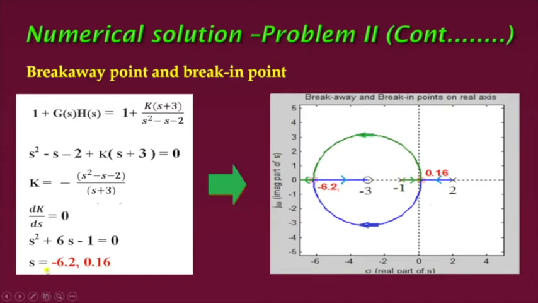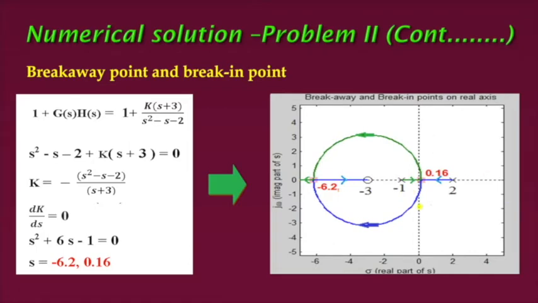Similarly, the other point, -6.2, on this side is also on the root locus branch, and this point is present on the root locus branch. That means these two points are the breakaway point and the break-in point.